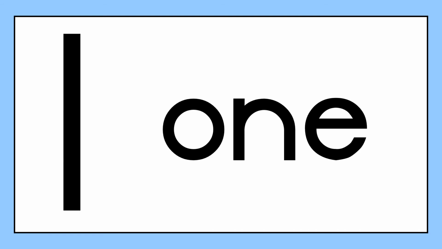Number 1 is like a stick, a straight line down that is very quick. Well done, friends. The number name looks like this. 1. Say it with me. 1. Pause the video and make the number name 1 with your clay.